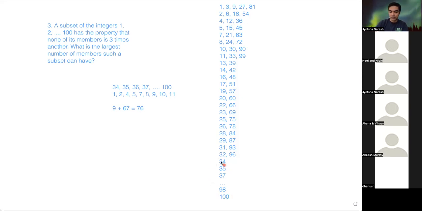Which ones are we skipping? So we skipped 36 here, right? We would skip what else after this? We would skip 39, 42, 45, or all the multiples. You'd skip all the multiples of 3.